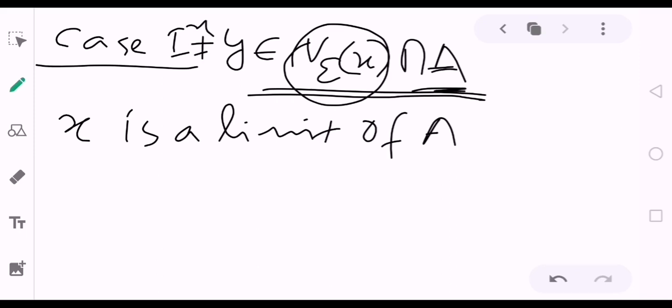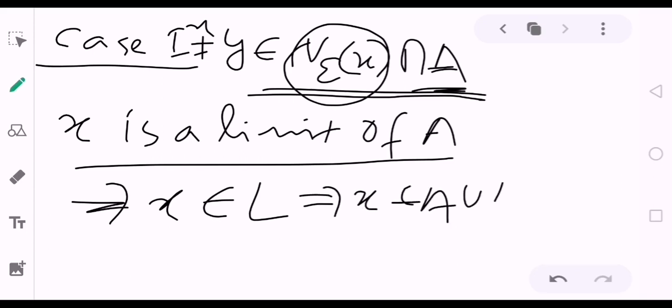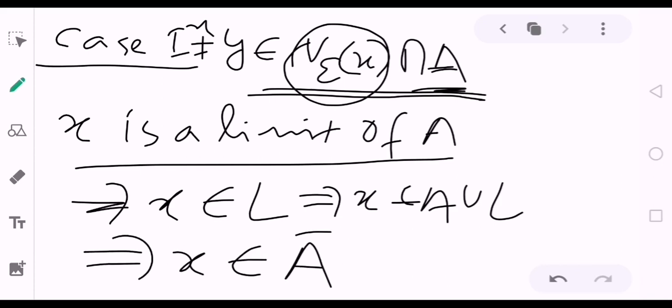So x is a limit point of A, which implies x is an element of L, since L is the collection of all limit points of A. So x is an element of A union L, which implies x is an element of A closure. So if we take y is an element of V epsilon x intersection A, we get x is an element of A closure. Hence A closure is closed.